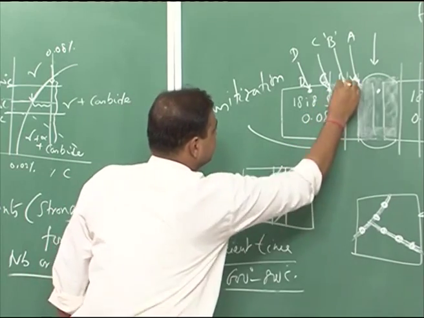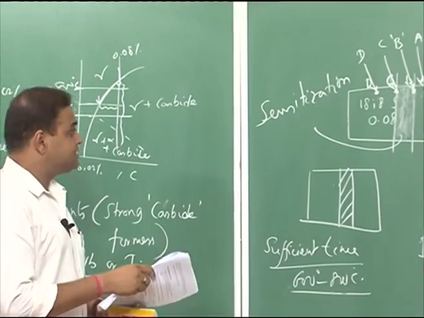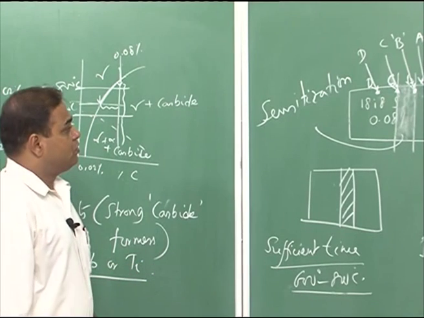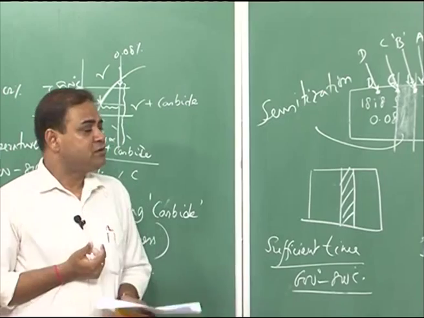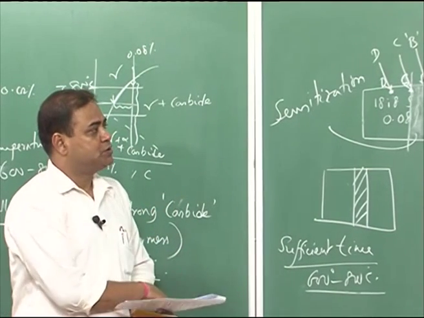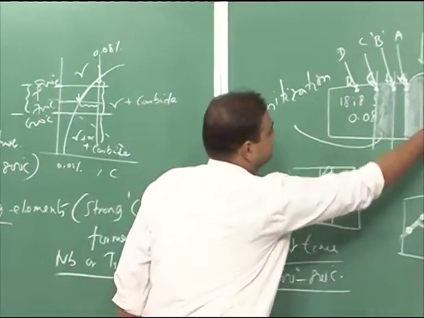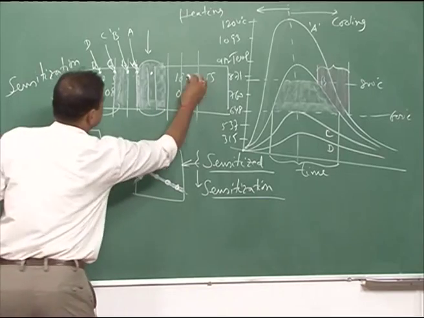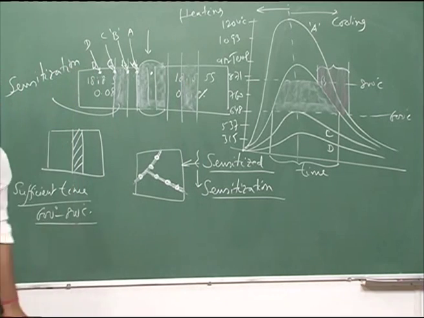And this material in this zone will get sensitized. This is the region where we have intergranular corrosion when it is exposed to corrosive media, and the rest of the material, and the same way the other side also, you can experience a particular zone where we have sensitization.